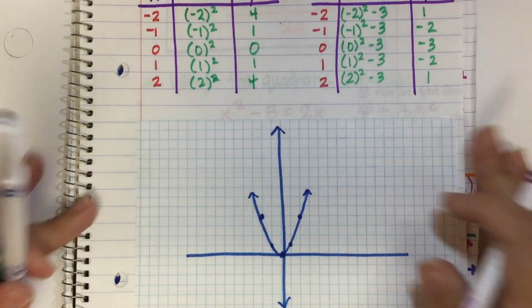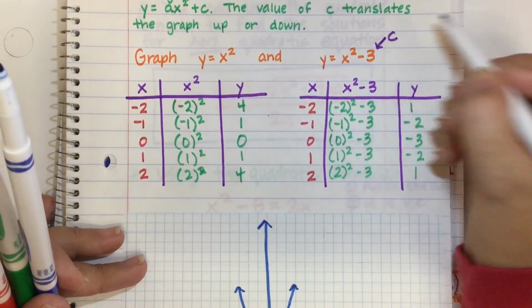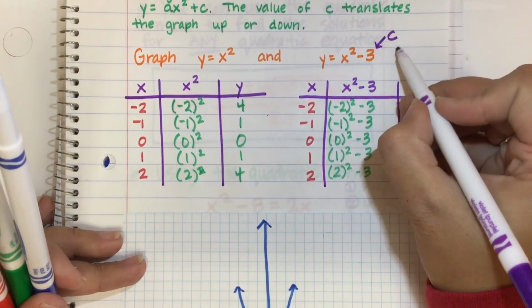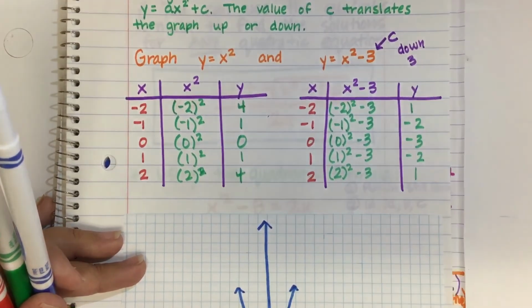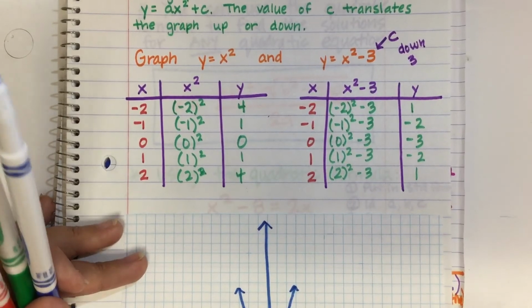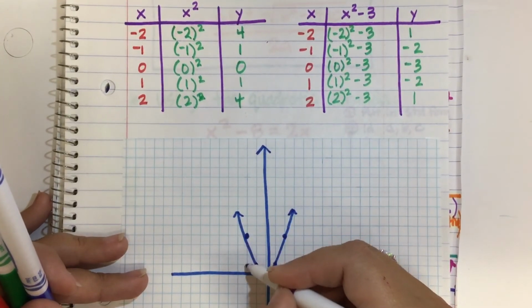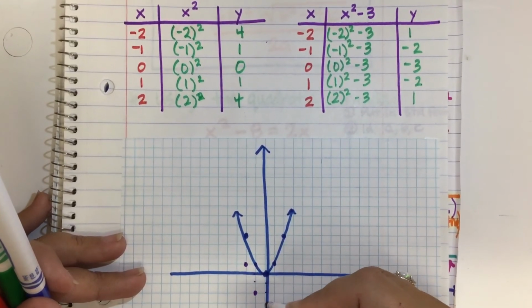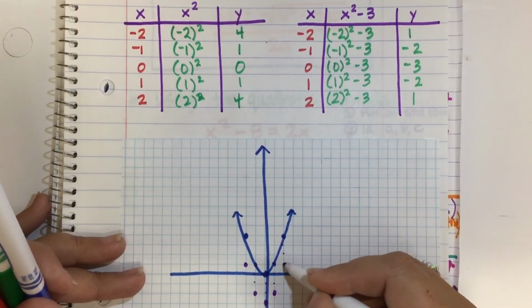Now this second one, c is -3. This is my c value. c translates the graph up or down, so this tells me that it's going to go down 3. So that means I should be able to just move every point down 3. So this one should go 1, 2, 3, for each point.